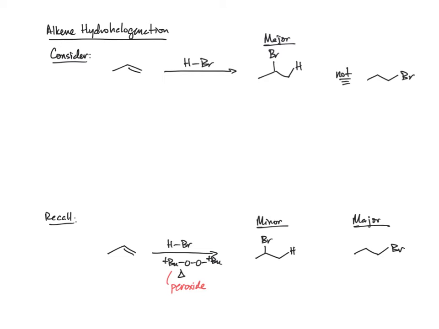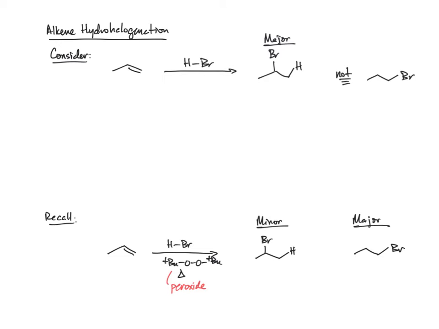So what is the first thing we should do in terms of showing the mechanism? That's what we're looking at right now. I've sort of given you the clue. These are the elements of HBr, and we're showing them add across that alkene. So we're adding it in a regioselective manner.